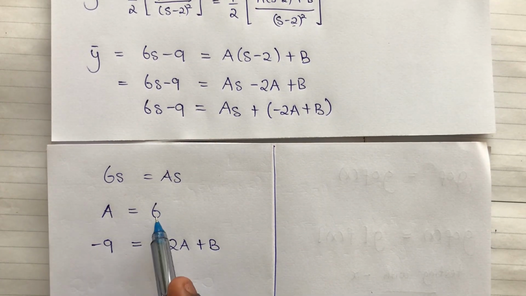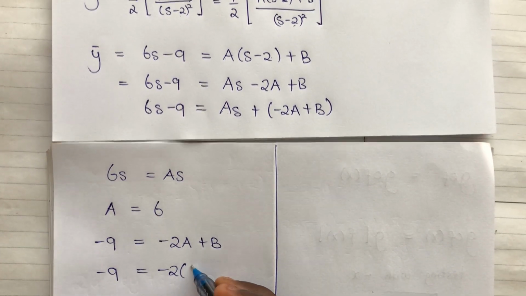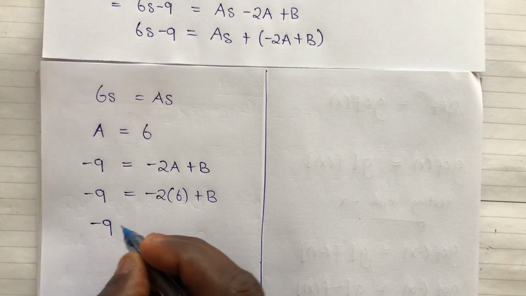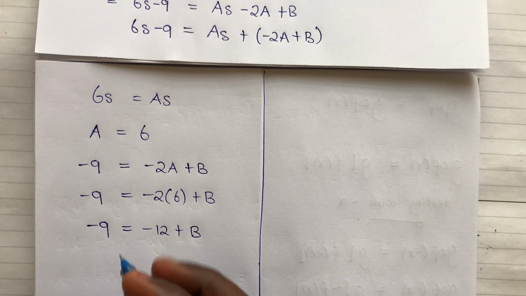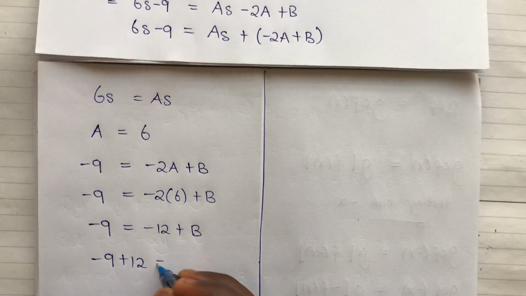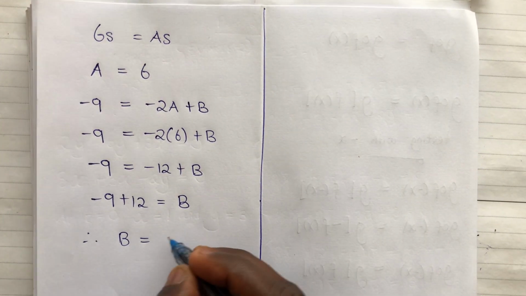But we have a equal to 6. So minus 9 equals minus 2 into 6 plus b, giving minus 9 equals minus 12 plus b. When you cross over, plus 12 equals b. Therefore, b equals 3.